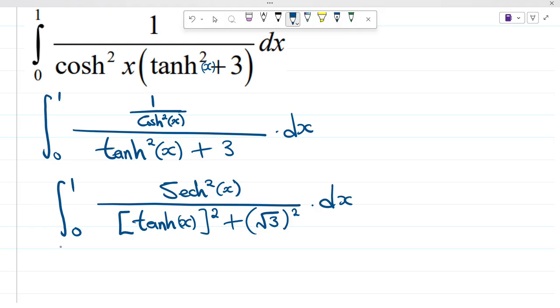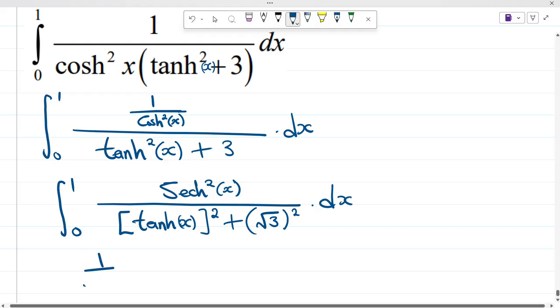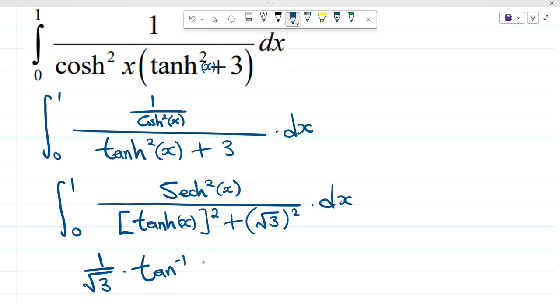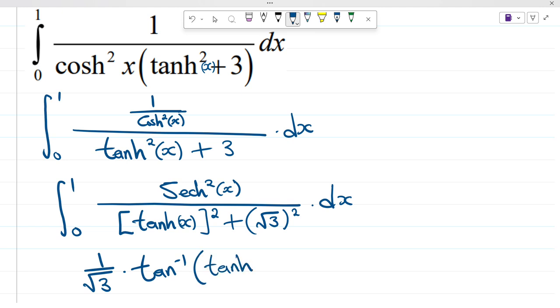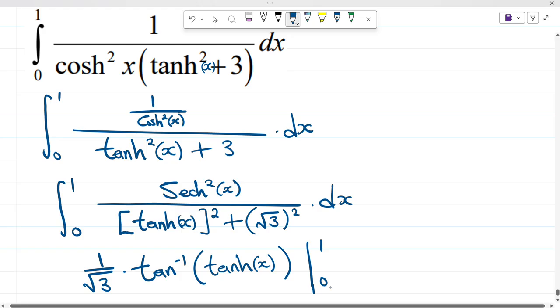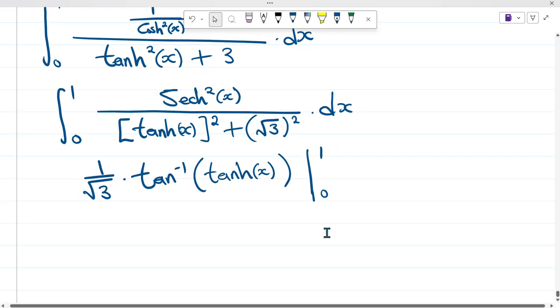It's going to be 1 over a, so 1 over root 3, tan inverse of our hyperbolic function, which is hyperbolic tan of x. Then we put our limits 1 and 0. Makes sense, right?